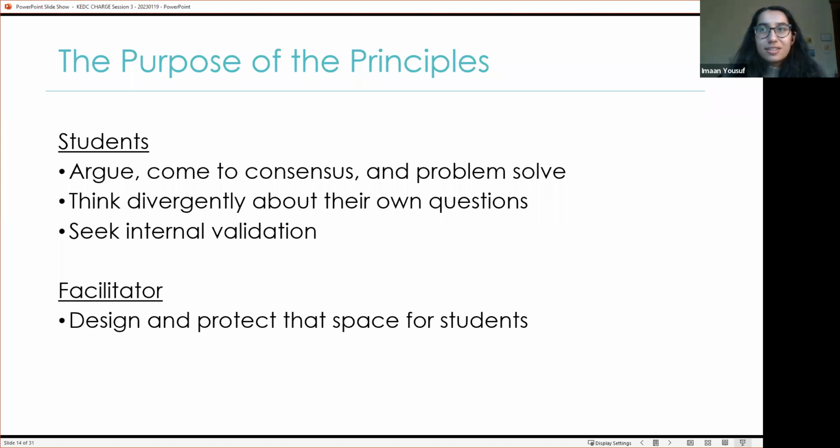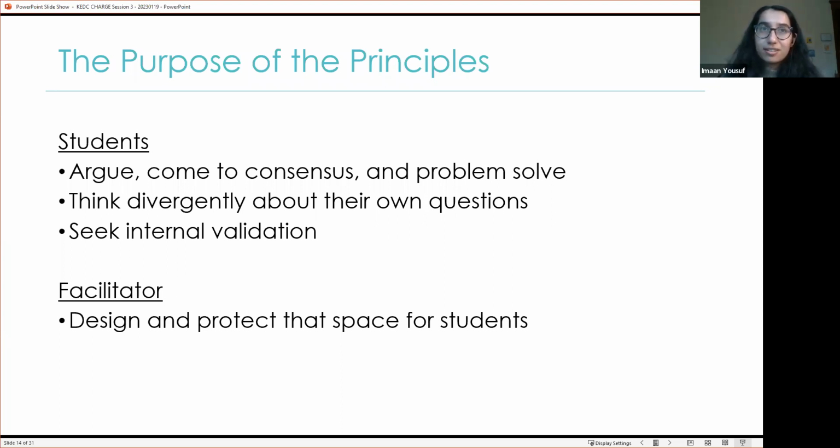That's great. So the reasoning behind these principles, it's all the culmination of us observing what was happening in the classroom once teachers did follow these principles. Once they were kind of doing it themselves, we could identify that what happens is students get a chance to argue and come to consensus and problem solve independently.